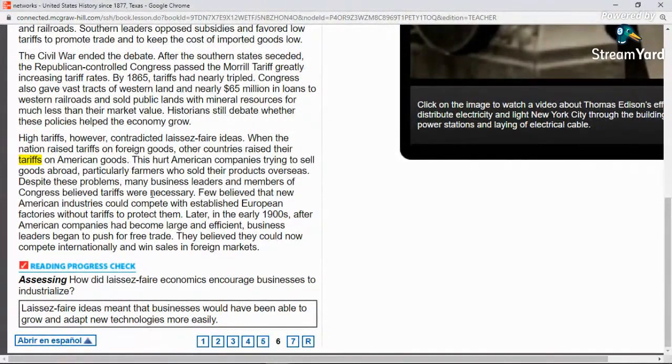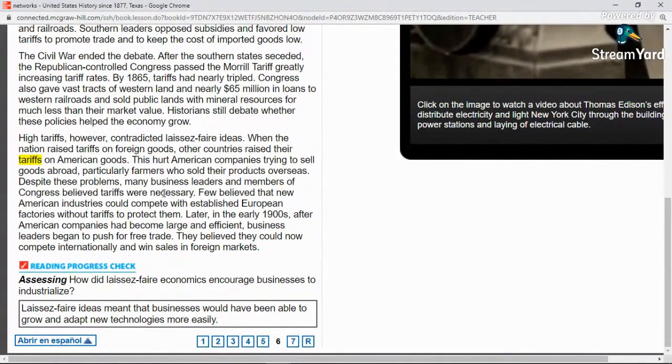But the problem is, China then raises the taxes on American goods that go to China. And this makes it very difficult, especially for agriculture. And Trump has had to help farmers because of this, send money to farmers. So this is stuff that's so old, but it's still something that's happening today.